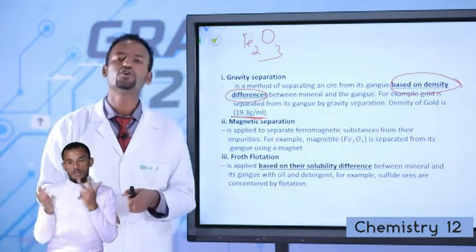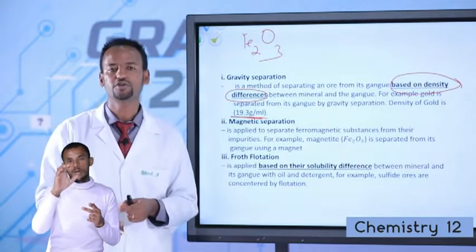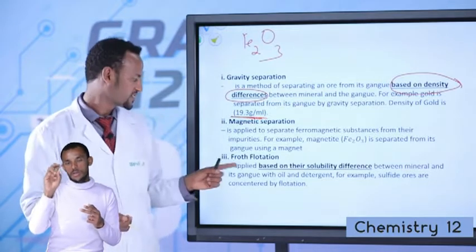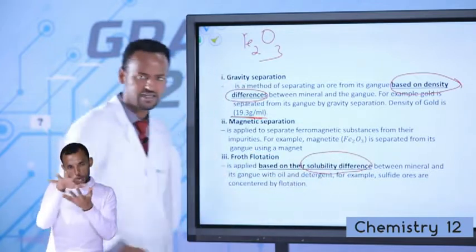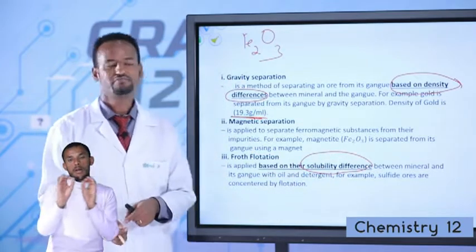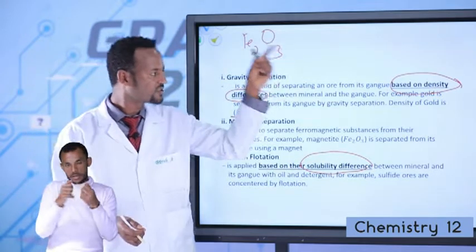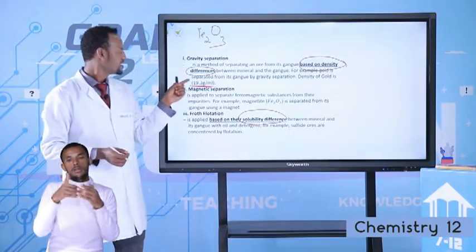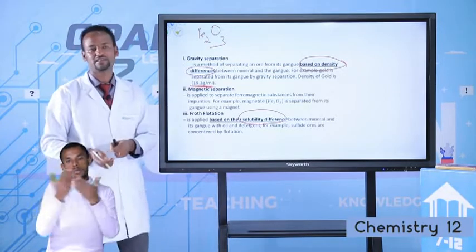The third one is froth flotation, especially for sulfide ores. It is applied based on solubility difference. You know solubility, polar, non-polar, and so on. Gravity separation is based on density difference. Magnetic separation is based on what? Magnetic substance and non-magnetic substance.